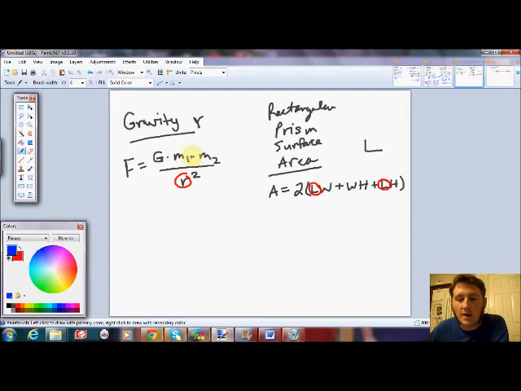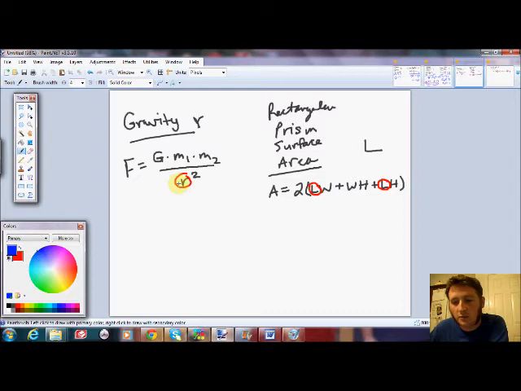So if we were talking about the gravity between, I don't know, me and the Earth, my mass, Earth's mass. My mass, while not super tiny, is practically insignificant compared to the Earth. And then you would divide that by the radius squared, where the radius in this context is the distance between the centers of the objects.